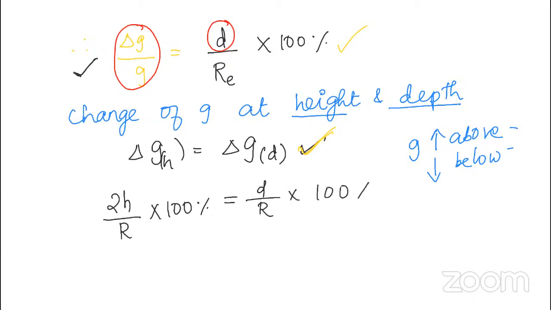Common terms you have to cancel out. So finally we get d is equal to 2h. This is also a very, very important conclusion. In problems, we use this formula.